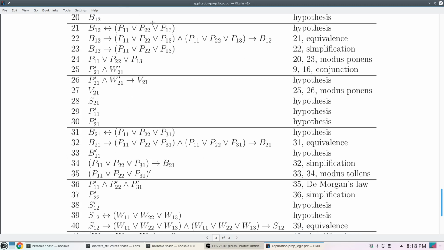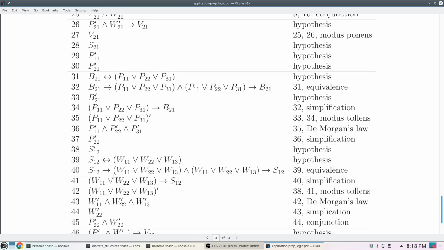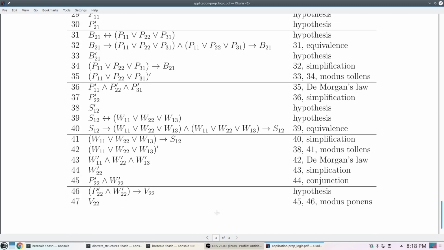So you'll notice, like I said, similarities: when I get to a certain location, I'll do basically the same things at every location to show a new safe location to move to. Keep working my way down. And by the time I get to line 47 here, I've now shown it's safe to visit 2-2 because there was not a pit in 2-2 and there was not a Wumpus in 2-2.